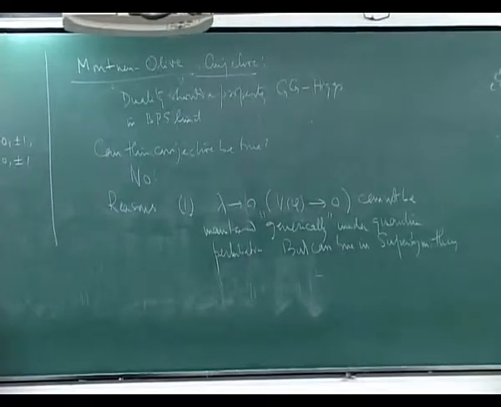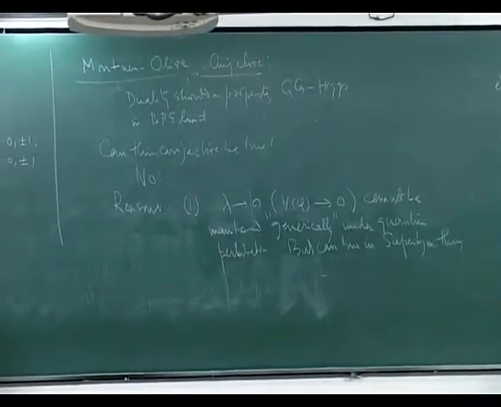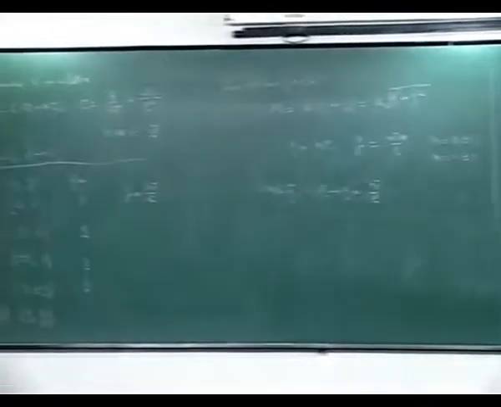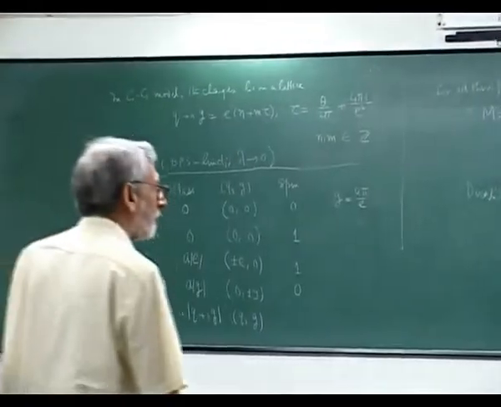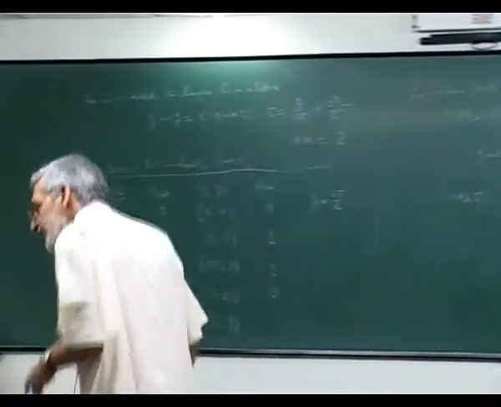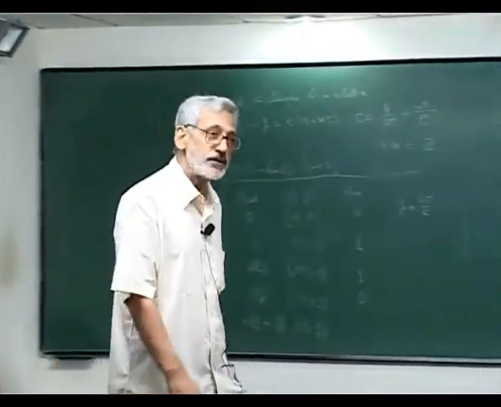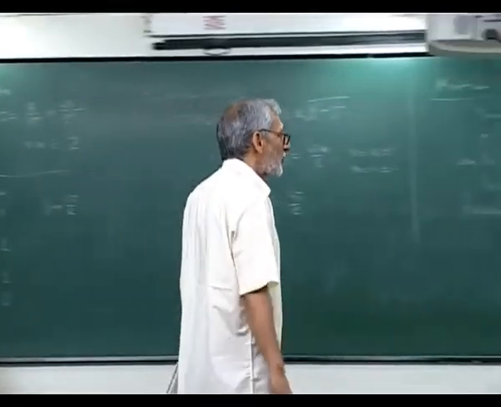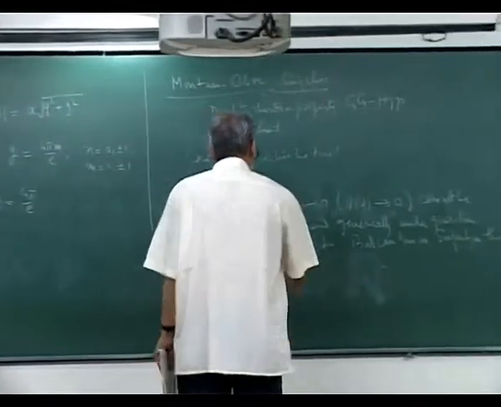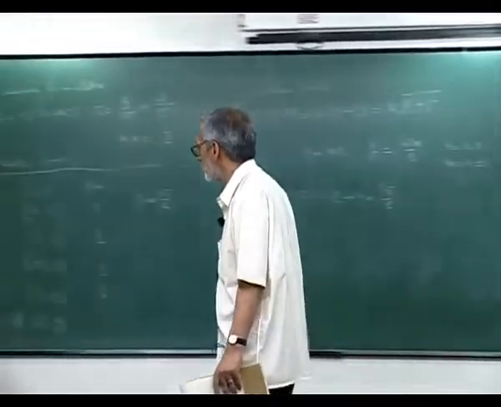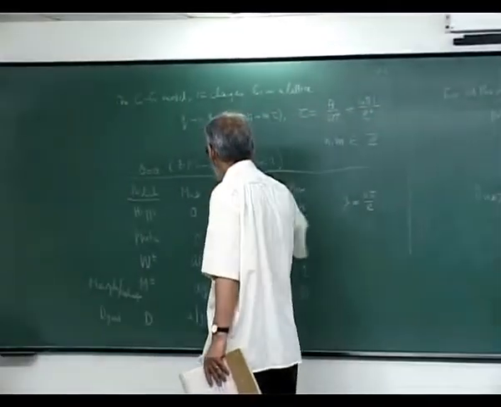The exam calculation that you did was a beta function calculation for N equal to 2 super Yang-Mills theory. So that was one: Montonen-Olive duality is generically not true, but in supersymmetric theories it may be true. But there is a second problem. The first problem was the BPS limit.